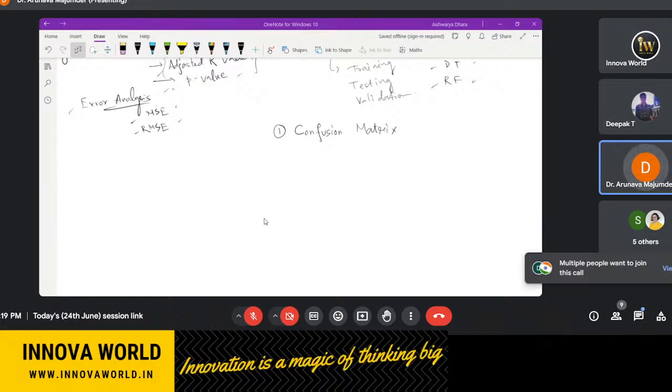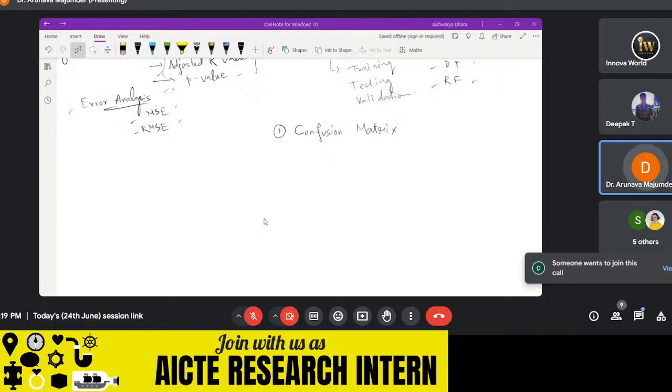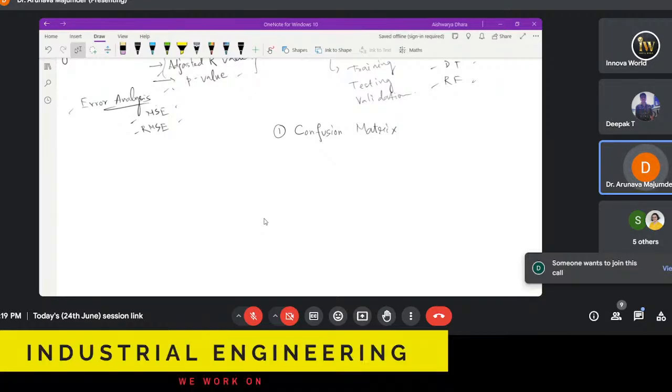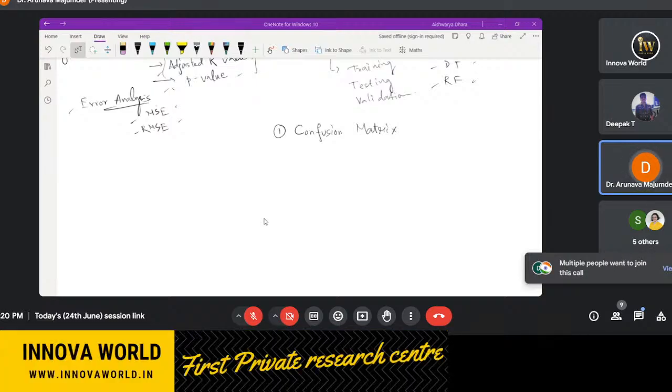So let me explain a little bit. You need to obtain the confusion matrix based on the datasets. I will share a paper with you, and you will do exactly the same analysis. After completion of all the analysis, you have to make a dashboard, which means you have to make a software.